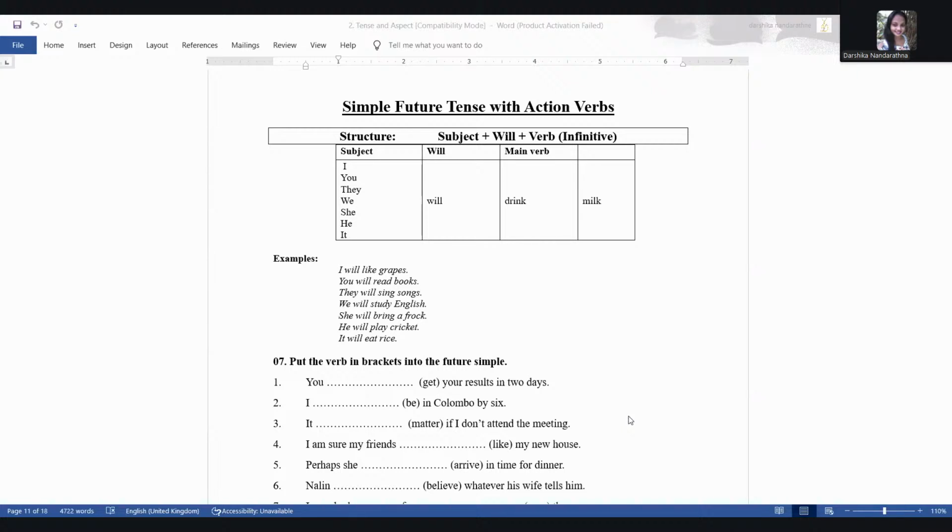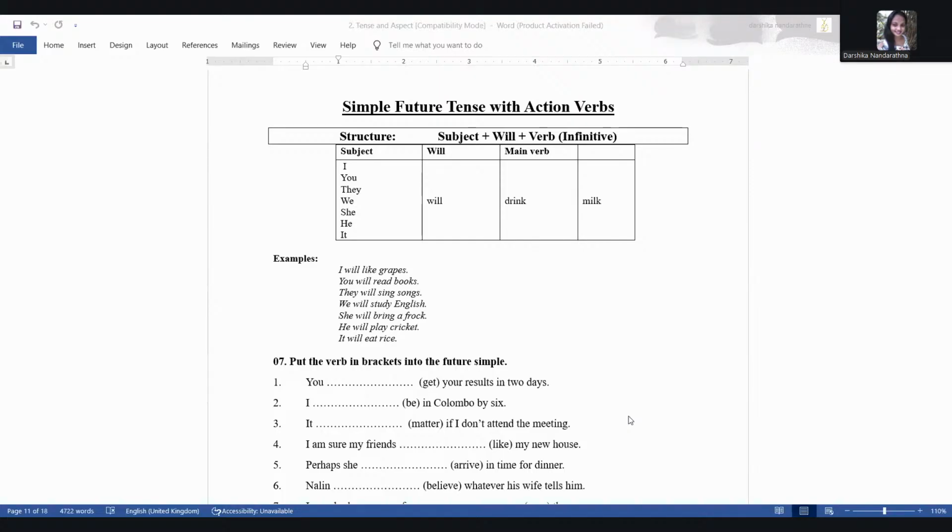We have will as the auxiliary verb, and the main verb should be there in its infinitive form or original form. Okay, I will drink milk, they will drink milk, she will drink milk, it will drink milk, like that.